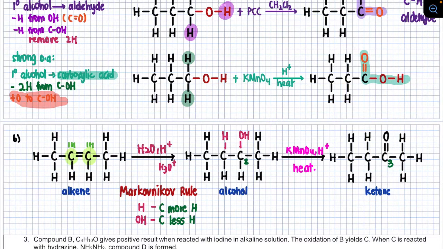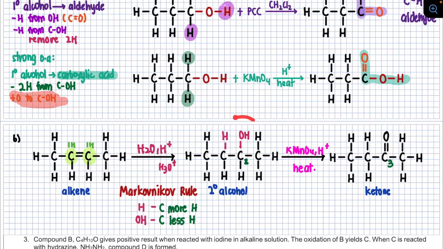Because my ketone has the C double bond O on my right-hand side, that is why I put down my hydrogen here and OH there, on carbon number 3. So I will get my alcohol, and this alcohol is a secondary alcohol.